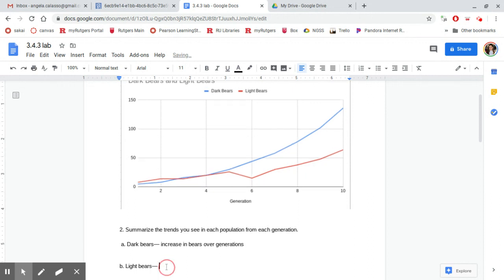For the light bears, however, this looks a little different because it's a little steady in the beginning, but there's still an increase. Then between generations 5 and 6, there's a decrease. And then from 6 to 10, it increases again.